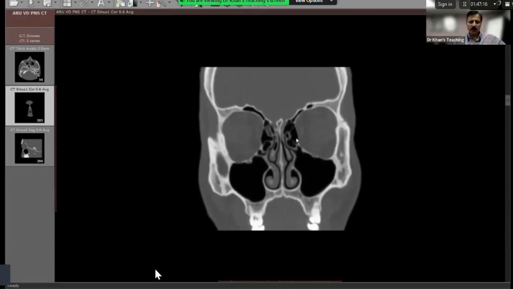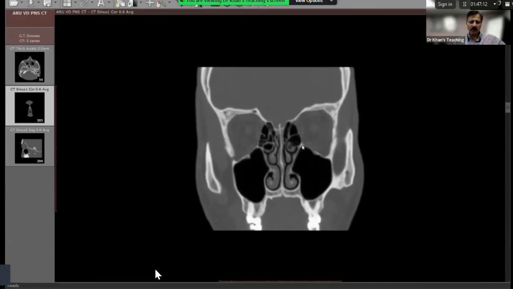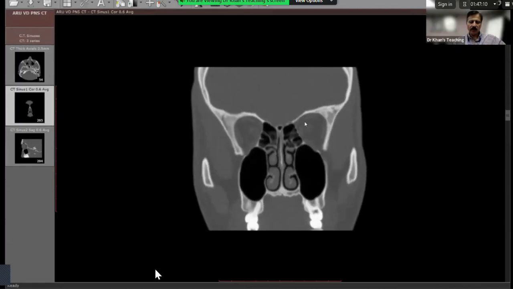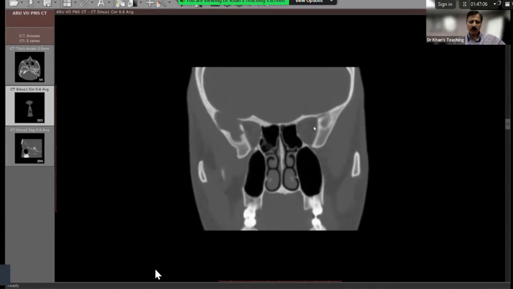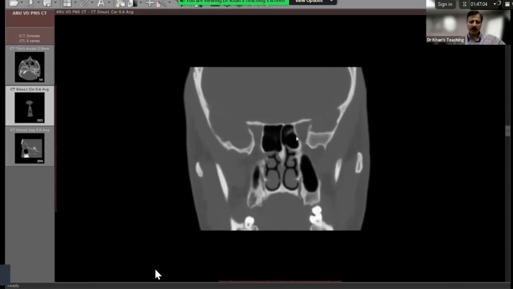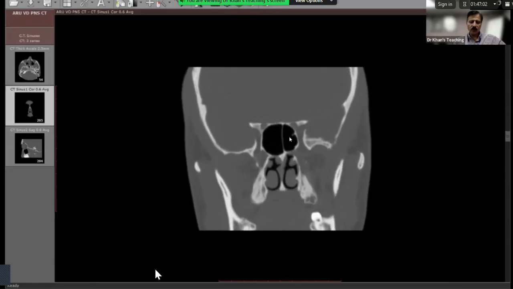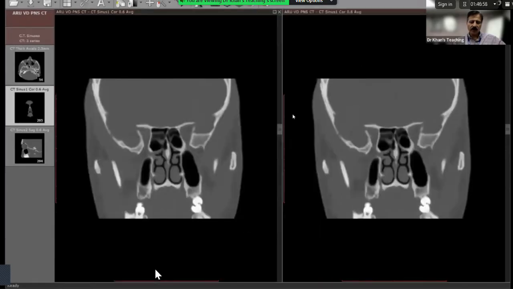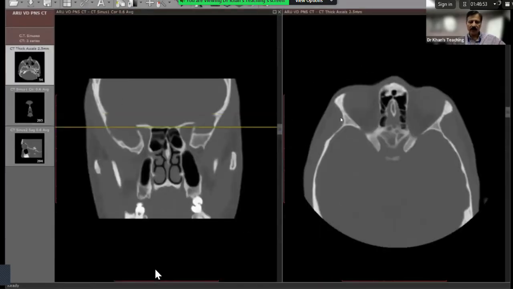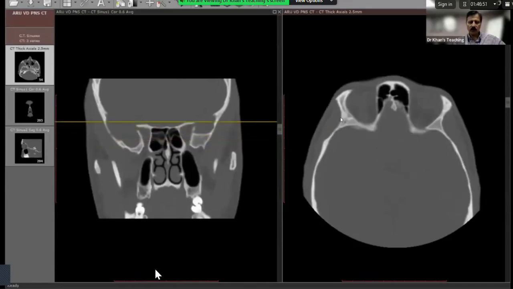Now we will continue posteriorly. Ethmoid sinus is still in view. You can see the orbit there, and then the orbit is finishing, which means you have gone into the sphenoid sinus. So let's marry it with an axial sequence just for orientation.